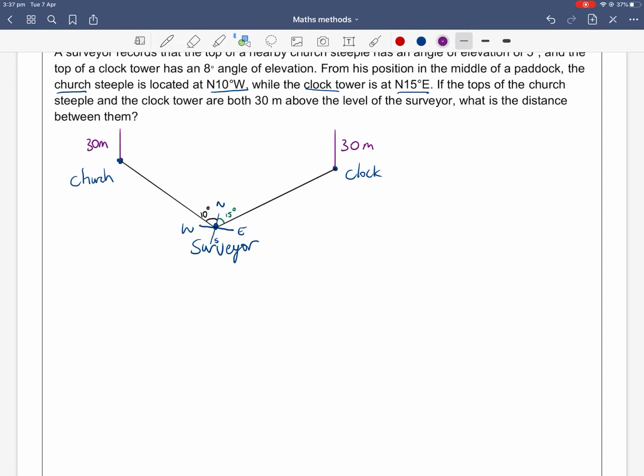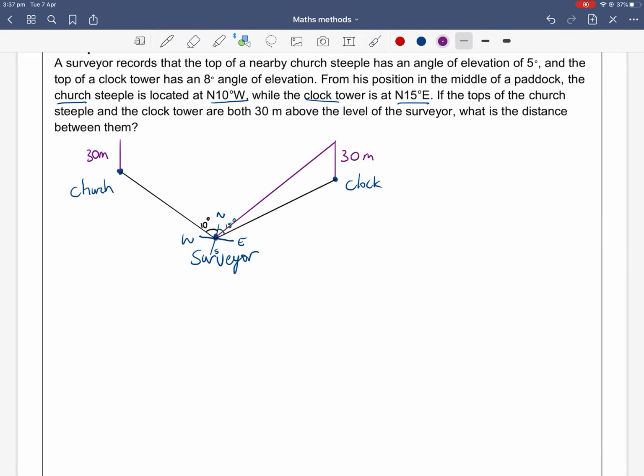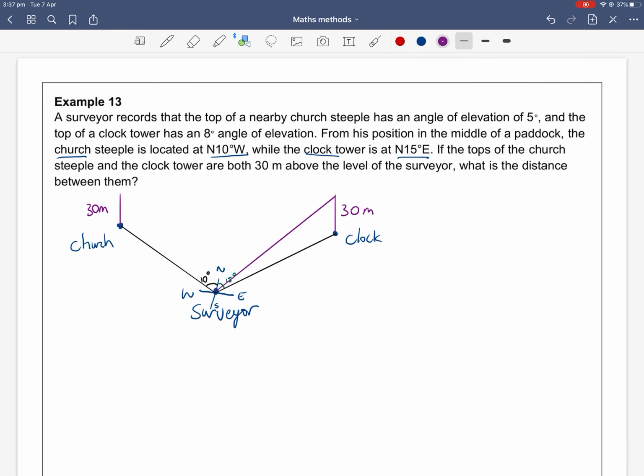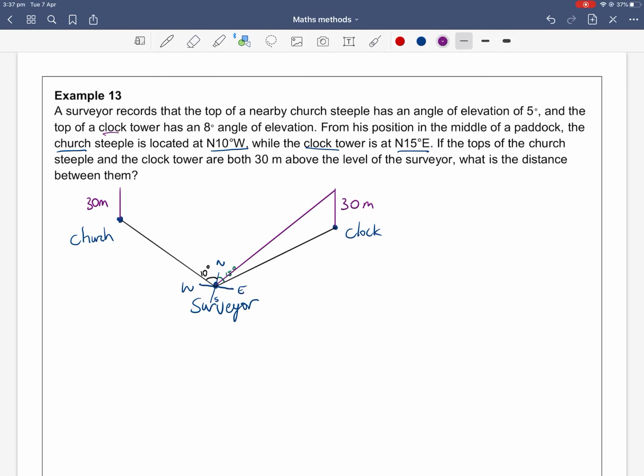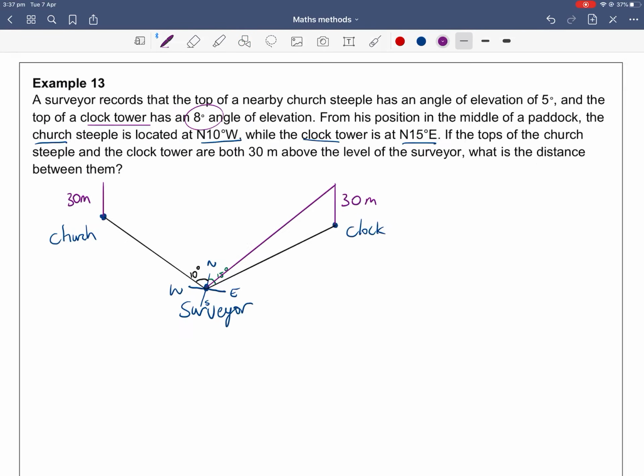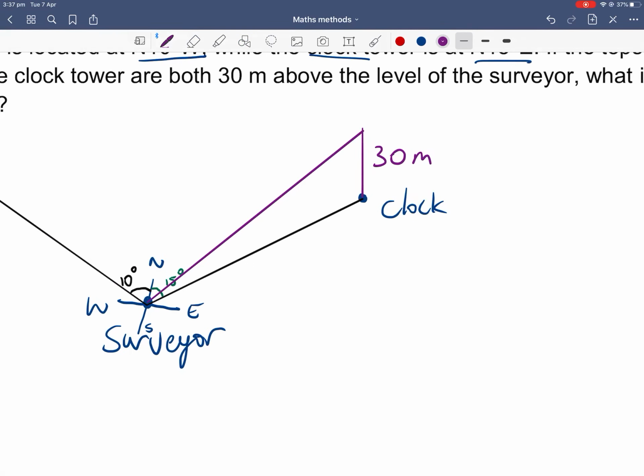And then when I connect the surveyor to the top of the clock tower, using a straight line again, hopefully you're using a ruler, it tells us that the angle of elevation of the clock tower is 8 degrees.